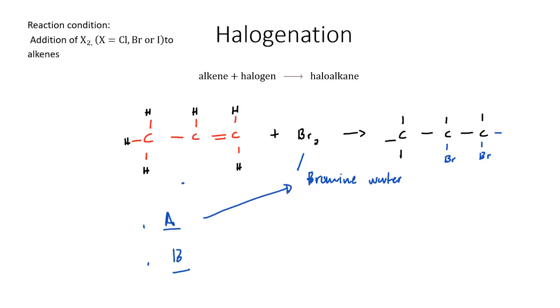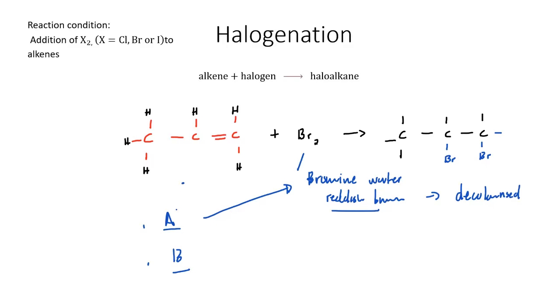Bromine water is reddish brown in color. Now, when you react A with bromine water and the bromine is decolorized, that's a very important thing. You react A with bromine water and bromine water is decolorized. Then it means to me that A is unsaturated.